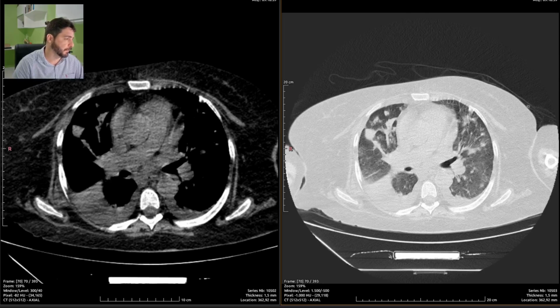So, see, the heart is enlarged. Can't really tell if there are adenopathies, lymph node enlargements.